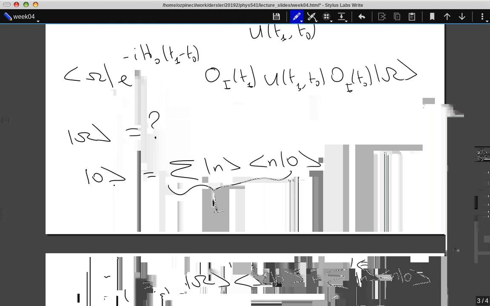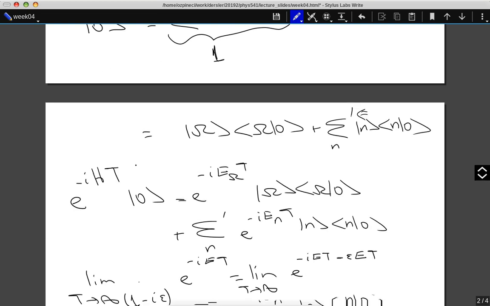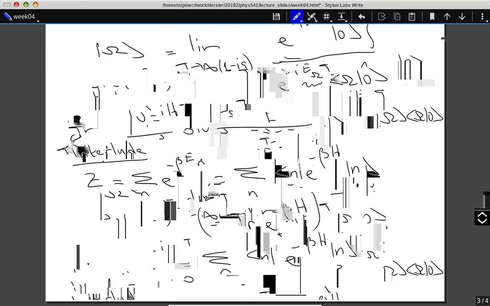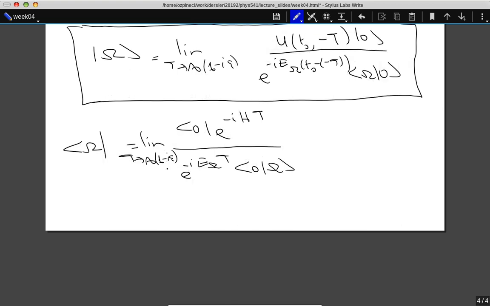You see, what I'm actually doing is, I still have this expansion. I still multiply the bra 0 with e to the power minus i H t. Now, if I have the plus i H t over there, I should take t goes to infinity of (1 plus i epsilon).